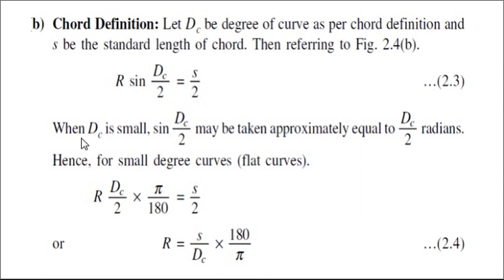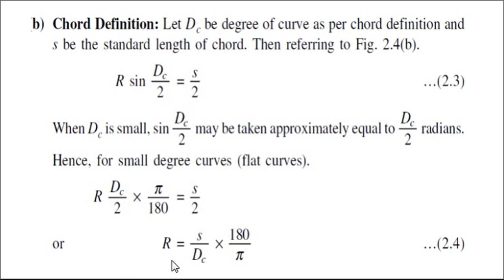Is it right? As DC is small, sin DC by 2 may be taken approximately equal to DC by 2 in radians. Hence, for a small degree curve or flat curves, we can write r into DC by 2 into pi by 180 is equal to S by 2.